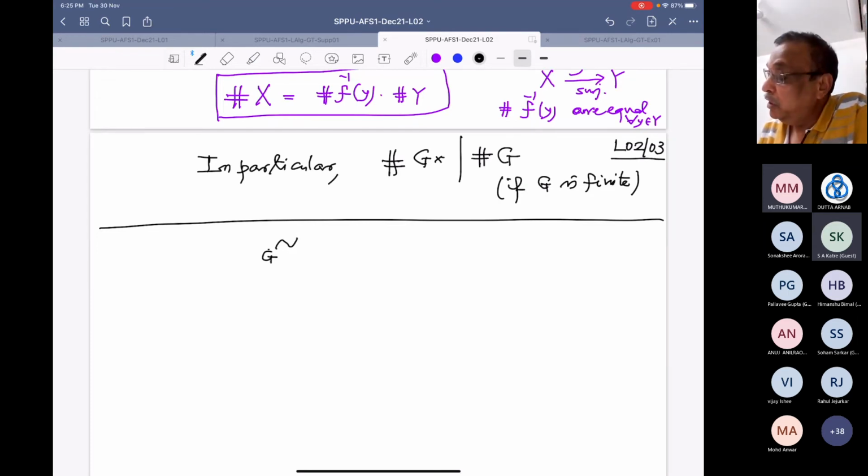And what was the definition? You say that x is related to y under this tilde G if and only if y equals gx for some g.